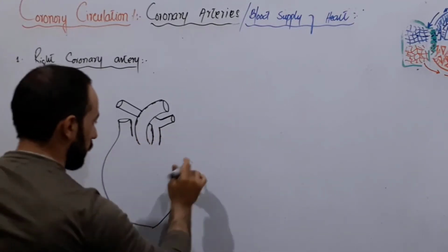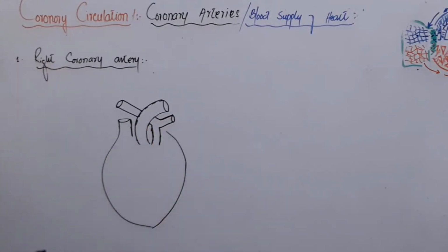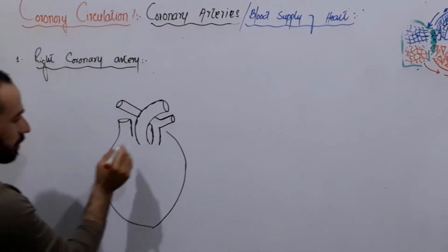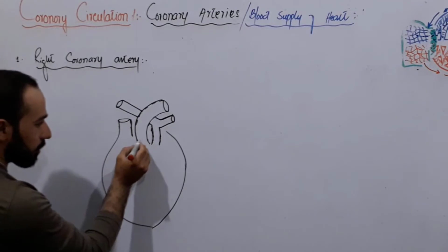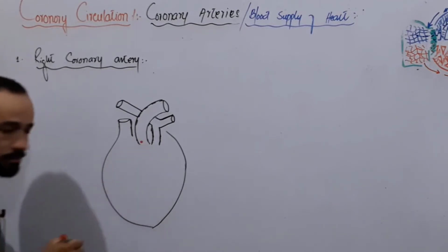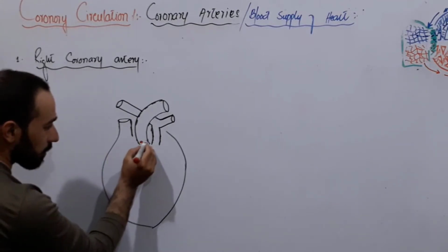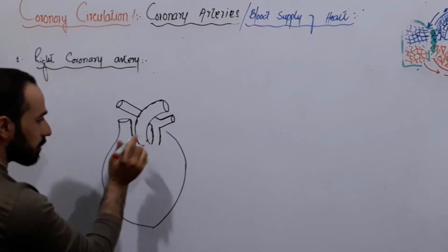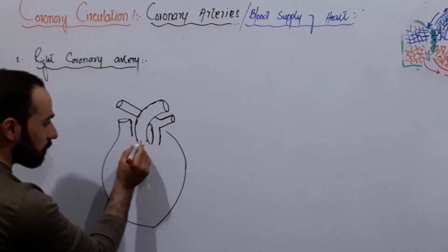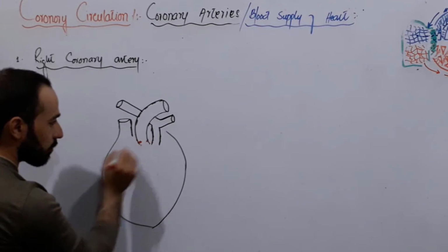Okay, a very simple diagram of the heart. Now look carefully, let's follow the right coronary artery. As I told you in the previous video, the coronary arteries, right and left both, arise from the root of the aorta. So this is the pointer for the origin of the right coronary artery.